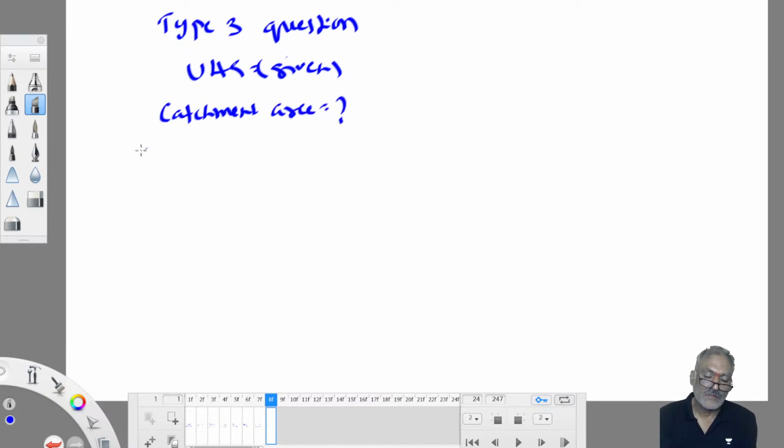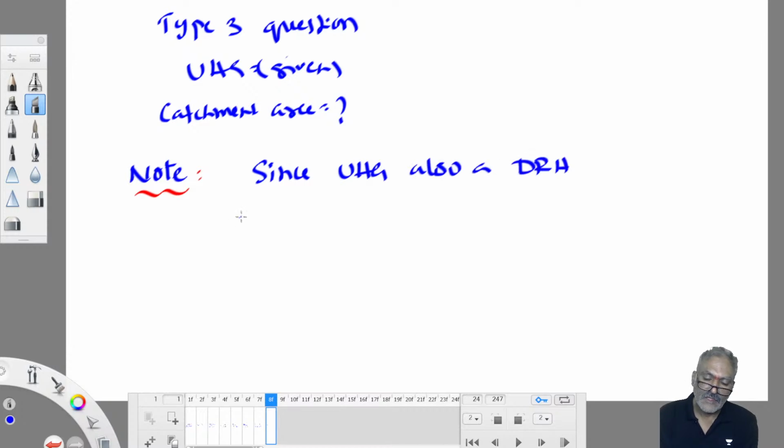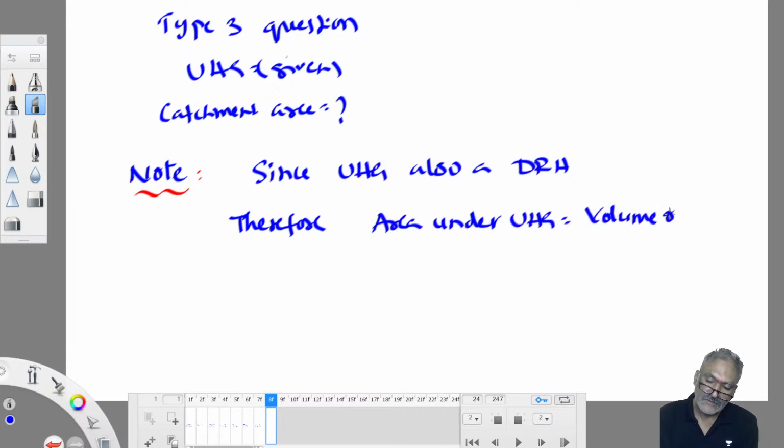In that case, how to work it out? Since the unit hydrograph is also a direct runoff hydrograph, the area under the unit hydrograph also represents the volume of runoff. Since it is a unit hydrograph, this represents a runoff of 1 centimeter.